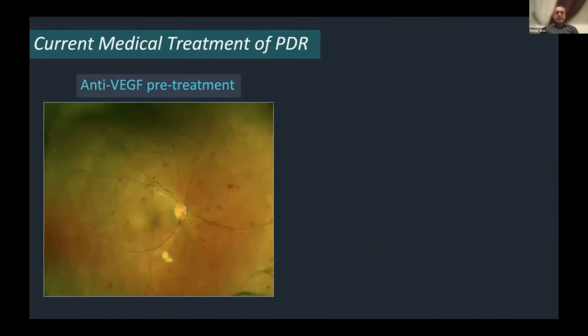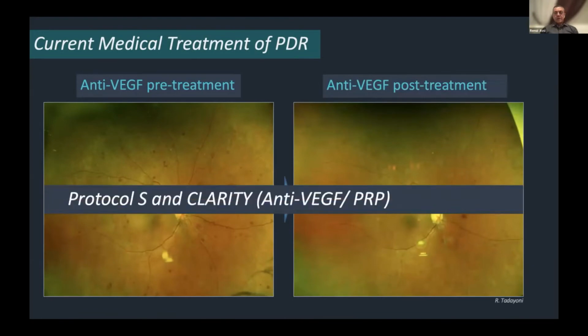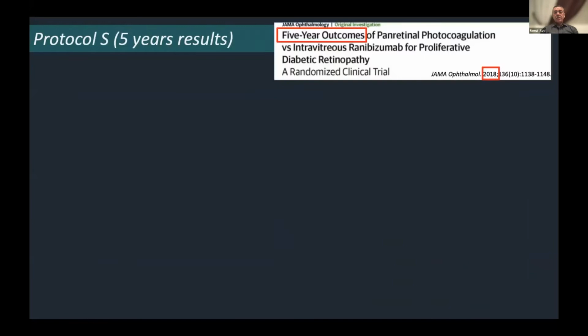Again, as we know, anti-VEGF treatment not only stops the progression of diabetic retinopathy, but also regresses or even improves it. There are two studies that we all know which compare the results of anti-VEGF treatment and PRP in diabetic retinopathy: Protocol S and the CLARITY study.